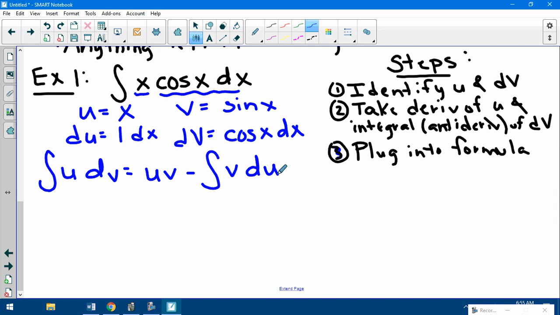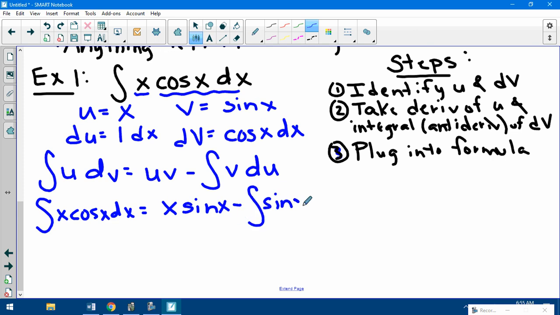Okay, so the integral of u dv, the integral of x cosine of x dx, the thing I want to find, should equal u times v, x times sine of x, minus the integral of v, which is sine of x, du, which is just 1 dx, so it's just dx.